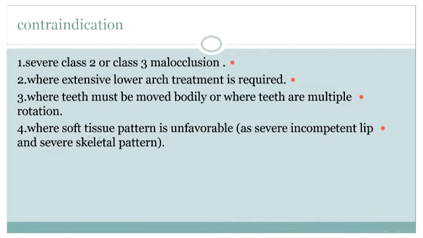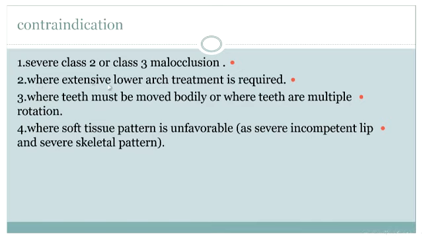Contraindications. The contraindications of this appliance can be summarized by 4 points. Severe class 2 or class 3 malocclusion. Really, severe class 2 and class 3 need a more complex system, not only simple tipping movement.